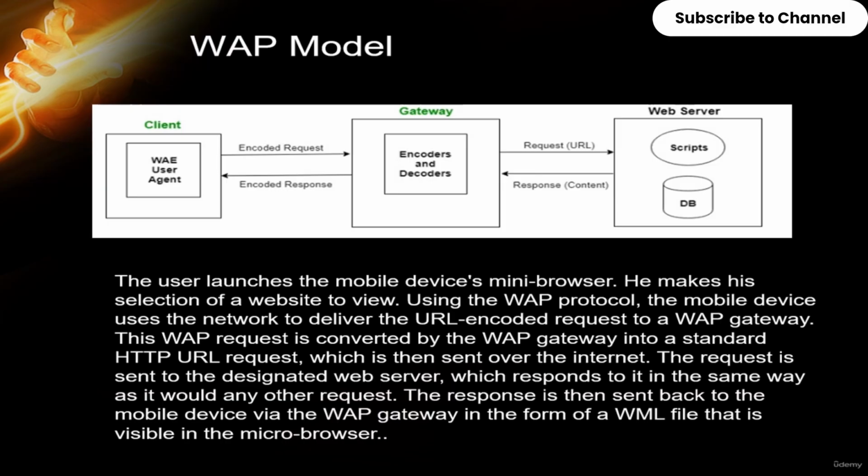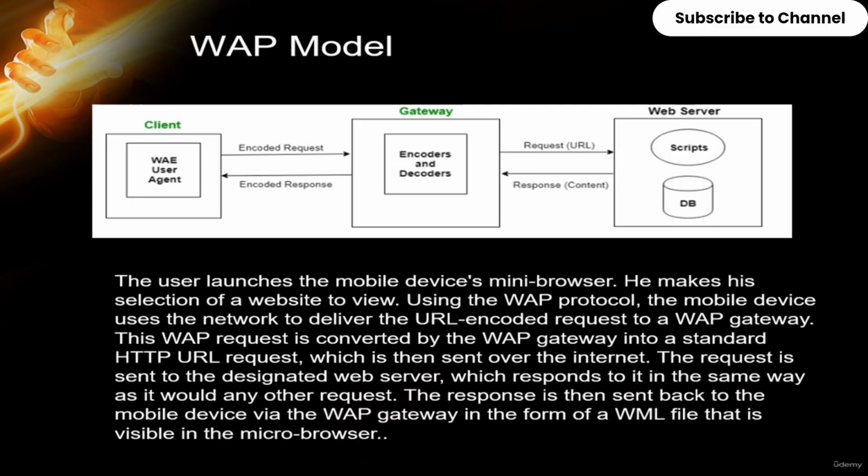The web request is converted by the gateway into a standard HTTP URL request. This request is sent to the designated web server, and the response is sent to the web gateway with the WML file for the mini browser. In this way, the client gets the data between web server and client through the gateway.